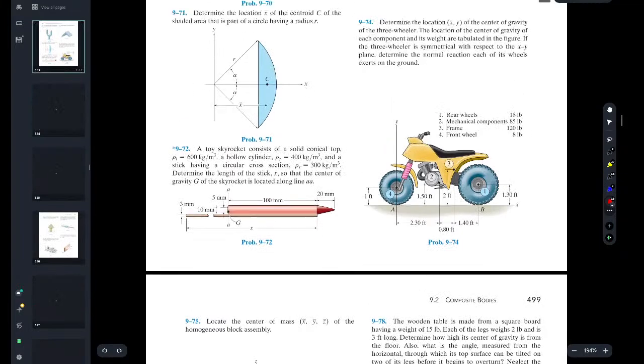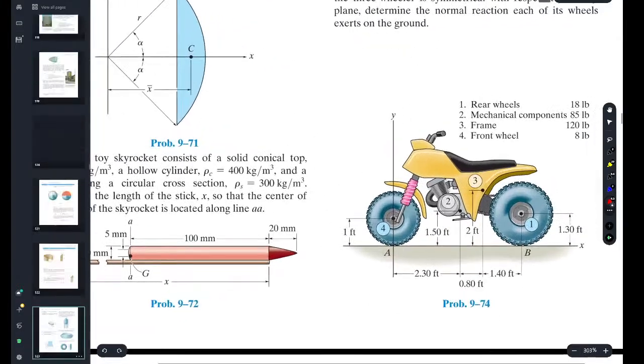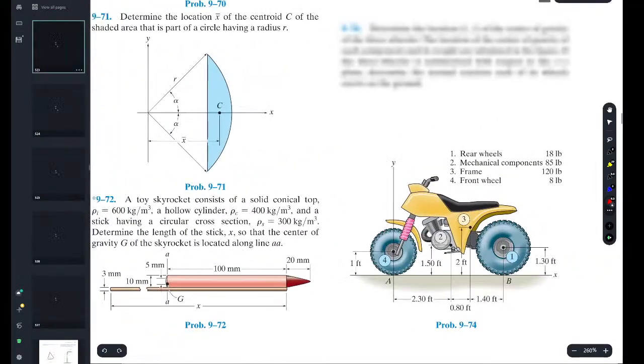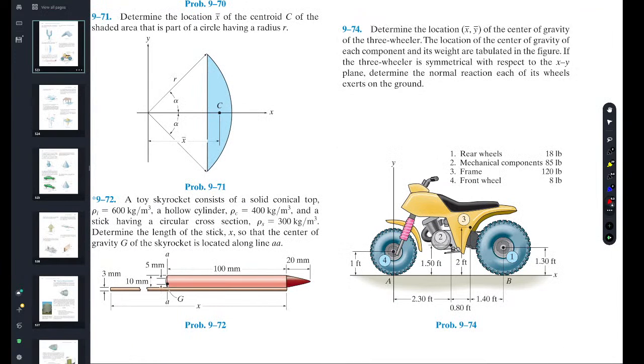Oh, here's something interesting. So here he's got something like this. But he's telling you, here's an object. You're not integrating it, but you're taking a composite of it. But what does he do? He tells you the centroid locations of certain places on it.